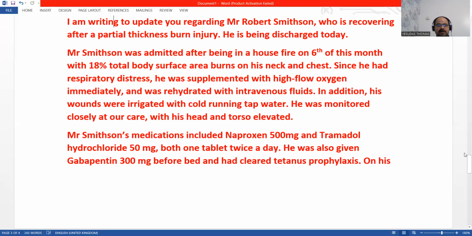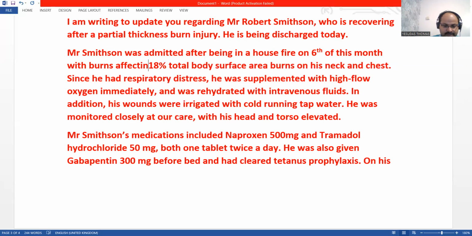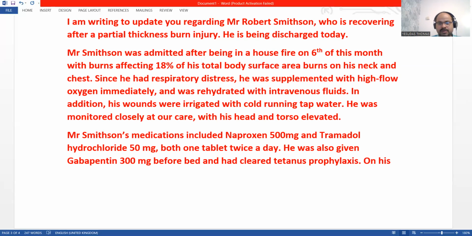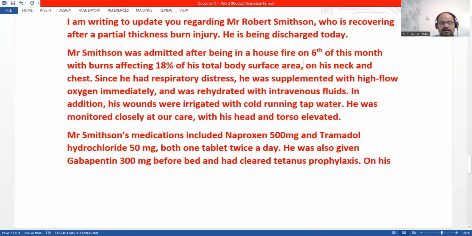On this month with burns, here I need to make a correction, with burns affecting 18% of his total body surface area. So we just made a correction here, so we need to make further corrections.